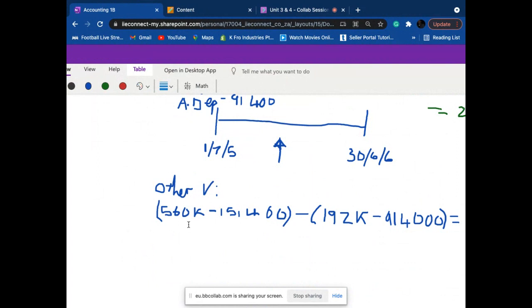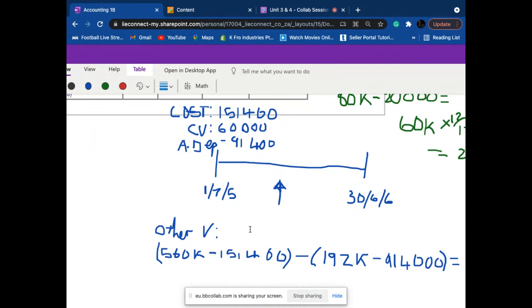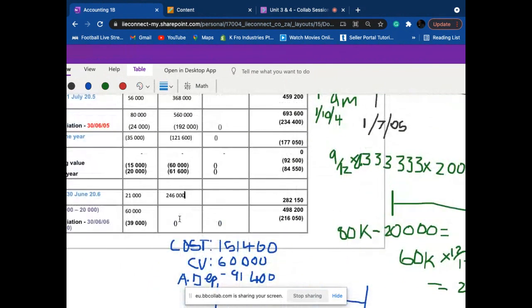So this 560,000 minus the 151,400, because remember we're removing that vehicle that we disposed of. What do we get? 408,600. All right, thank you, sir.